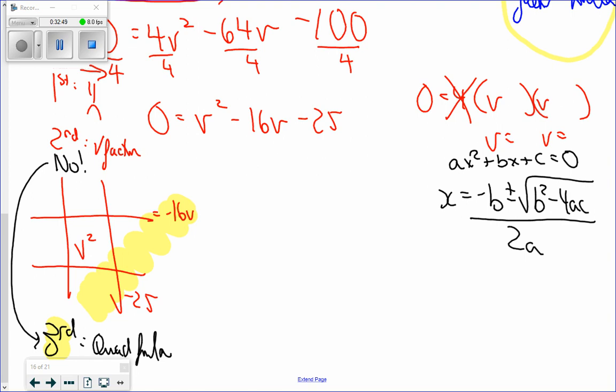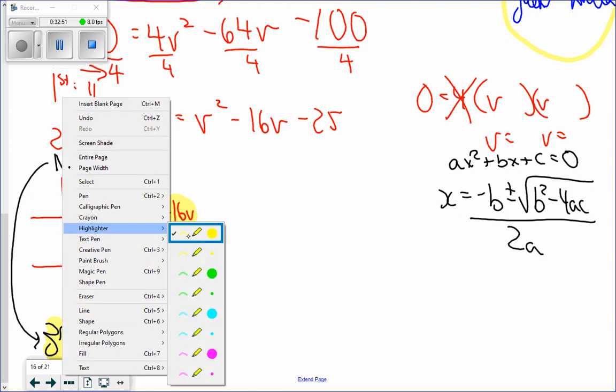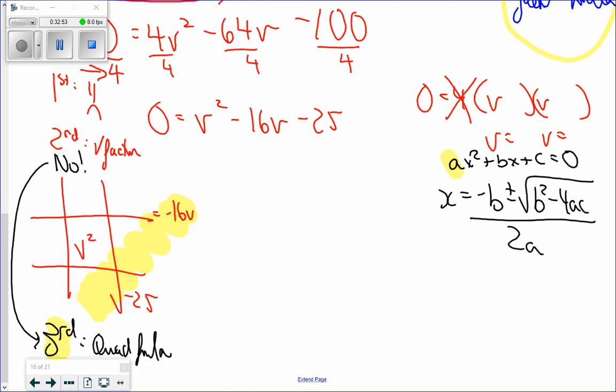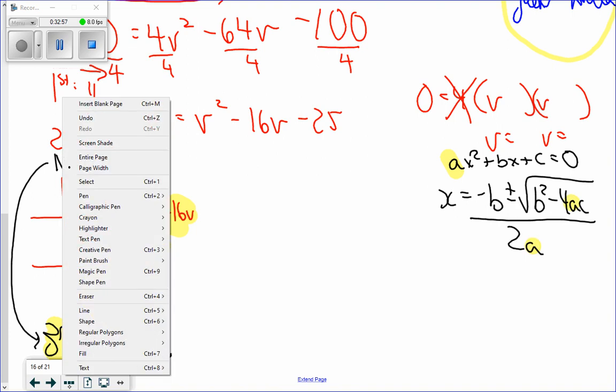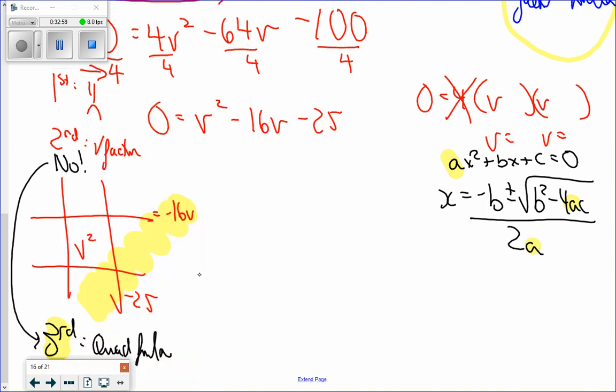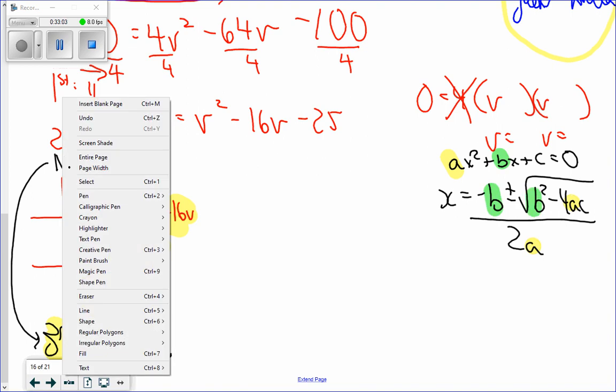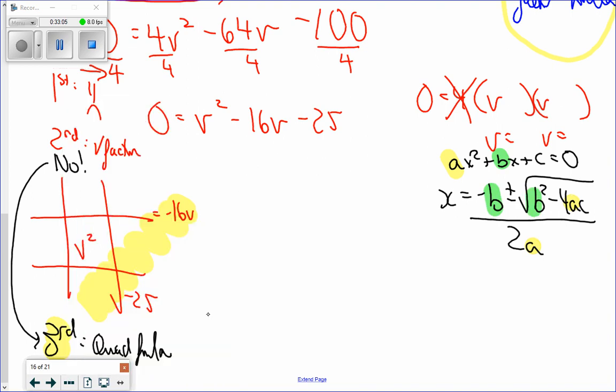Let's do a little color coding here. The A appears here and here. The B appears here and here. And the C only appears once right there.